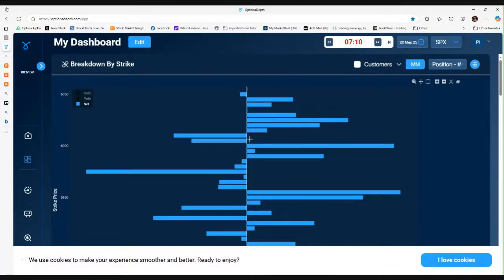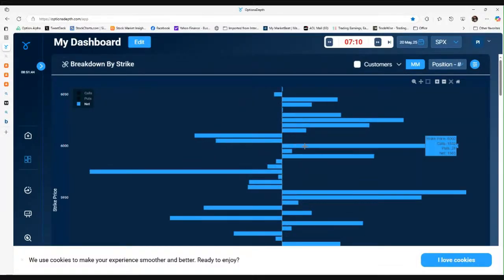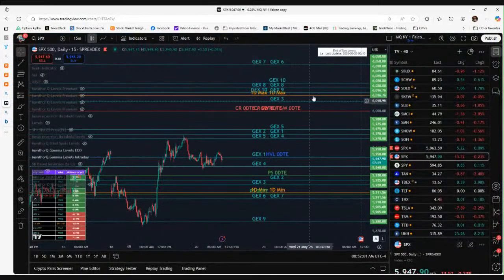We know that over here customers sold calls up here. Market maker long, customer short. That's what's causing that. And you have just more stacked sold calls up here.